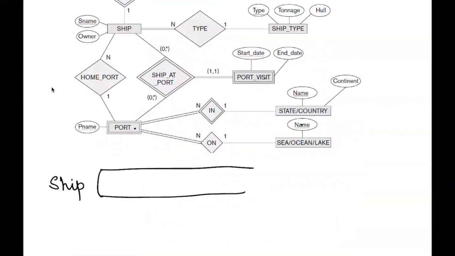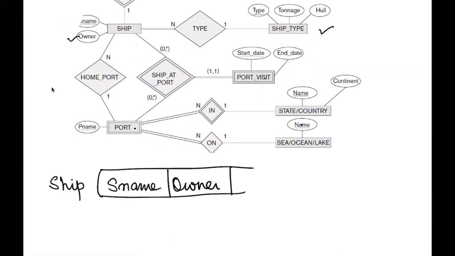Like say for ship, we have the attributes S name and owner. So in the ship relation, we will have S name and owner as attributes. Next, we will create another relation for ship type.